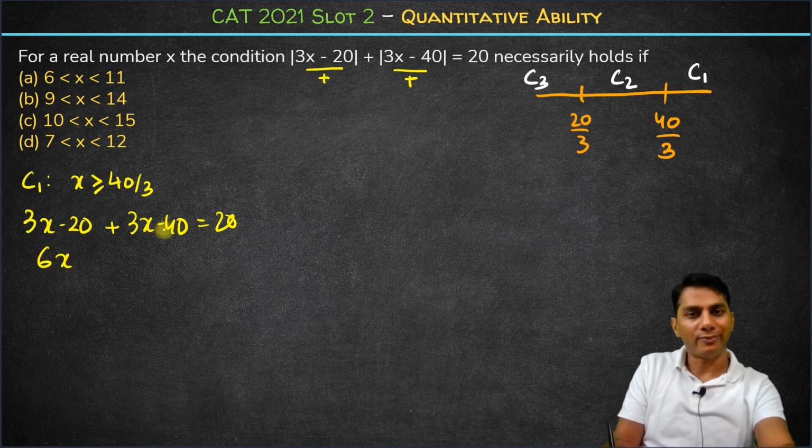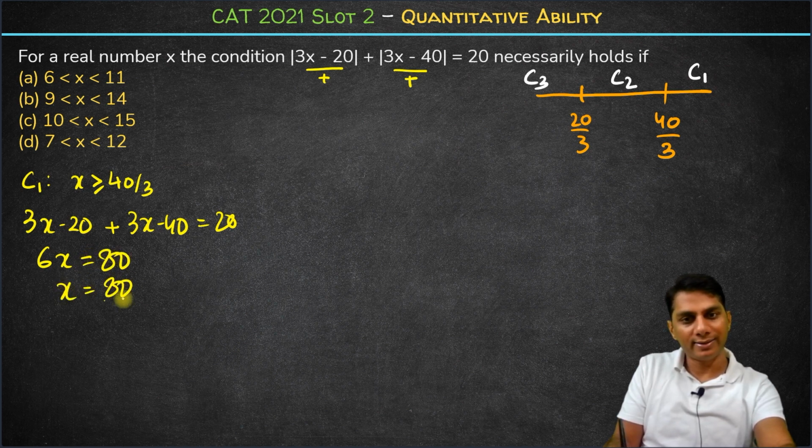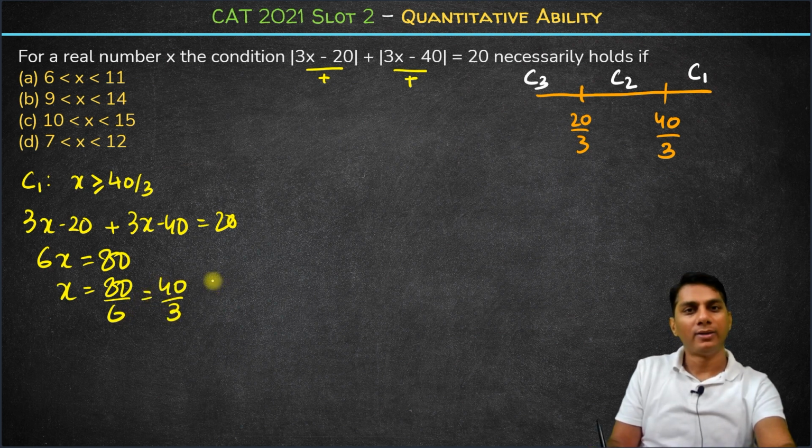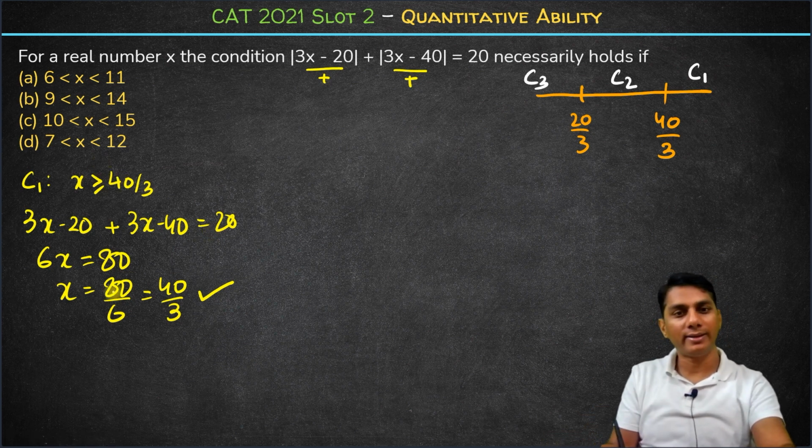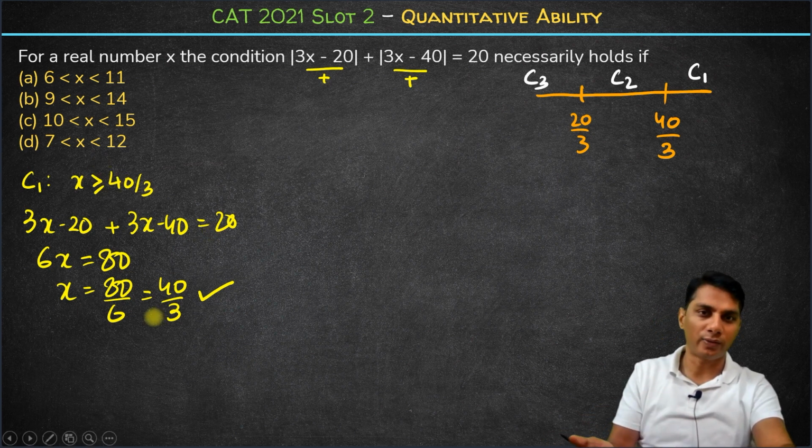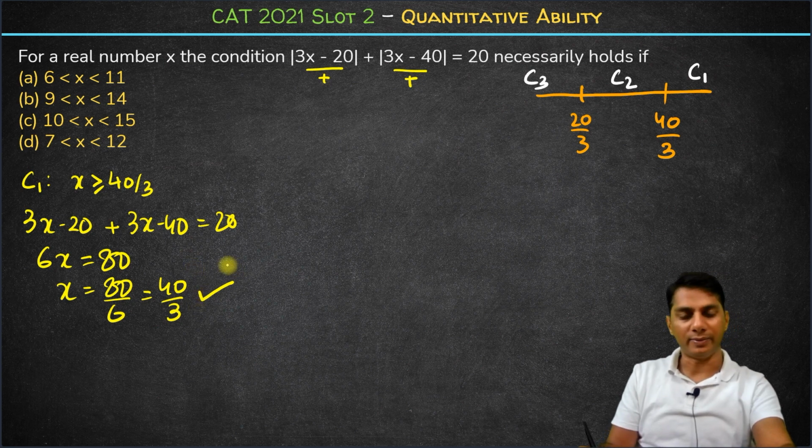Minus 20 minus 40 is minus 60, goes on the right side, becomes plus 80. Hence x comes out to be 80 by 6, which is effectively 40 by 3. So here we get x is equal to 40 by 3. This is one acceptable value of x, since we assumed x is greater than or equal to 40 by 3 and we get x exactly equal to 40 by 3.